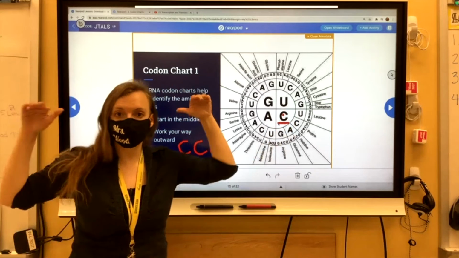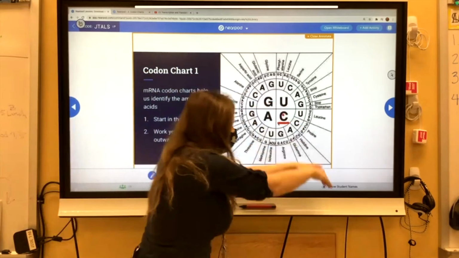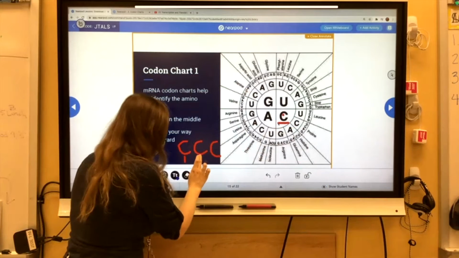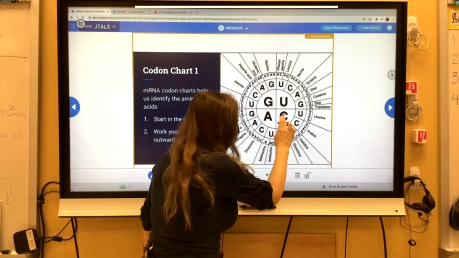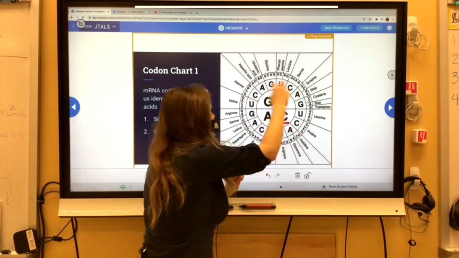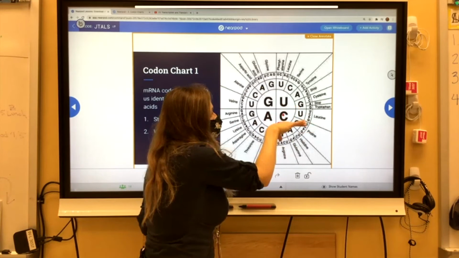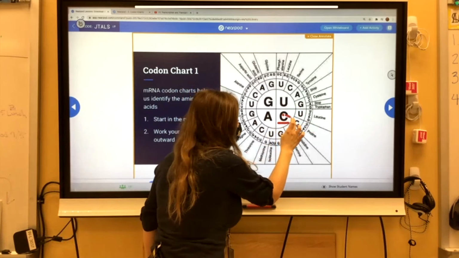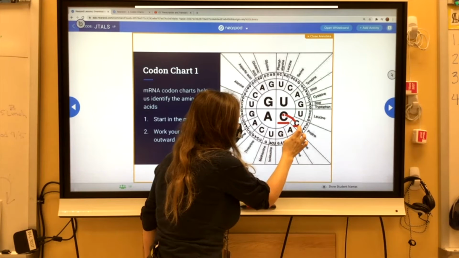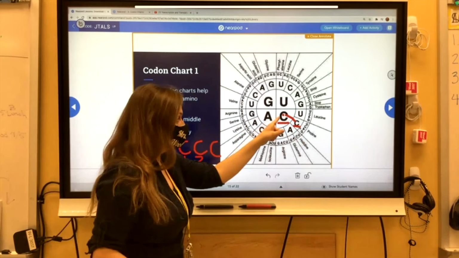Now remember, I'm trying to find a path out. So my next letter, letter number 2, is also a C. So I'm trying to go to the next ring, but I'm moving to the C that's closest to that internal C. So here we go, I'm moving out to this C right here. There's my first one.